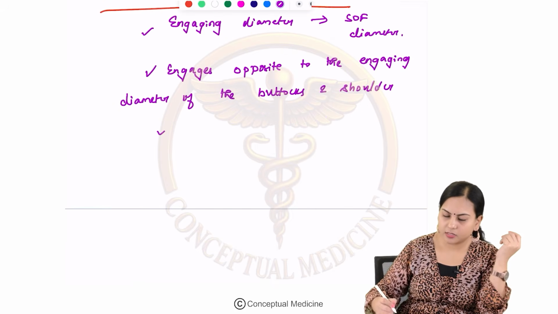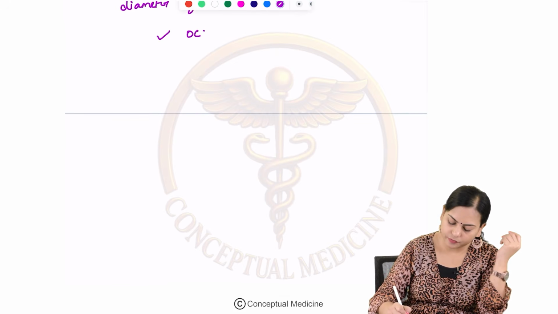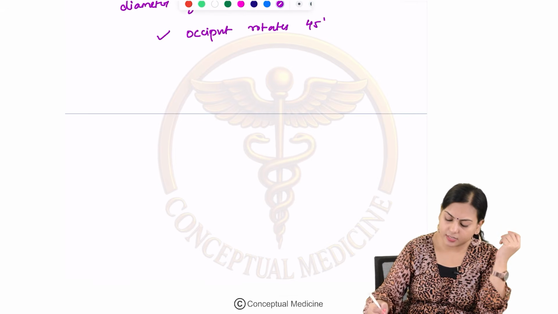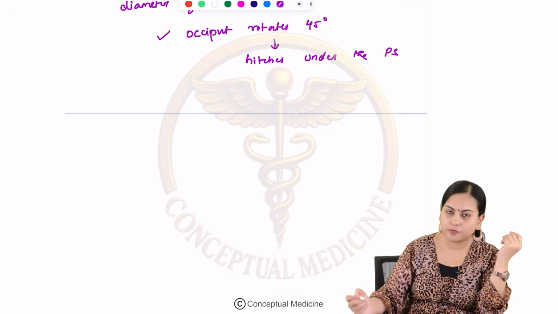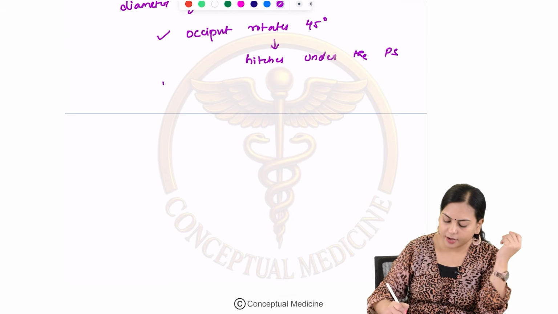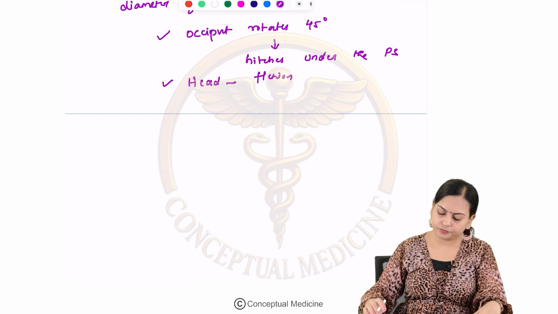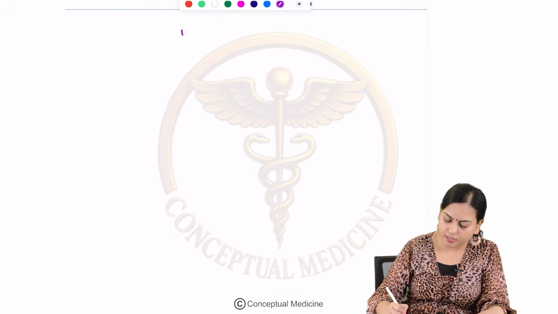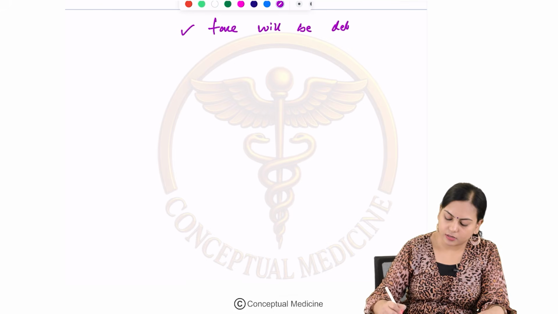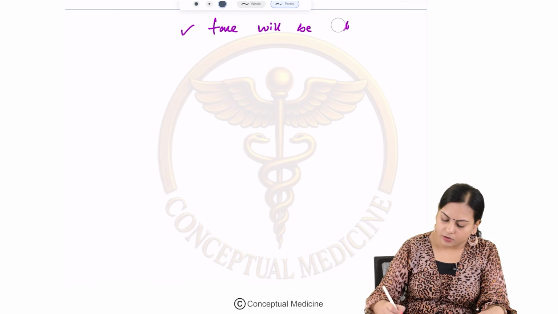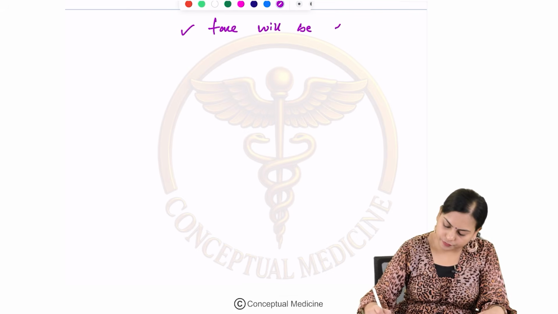So what happens is the occiput rotates 45 degrees and this hitches under the pubic symphysis. After that the head is born by flexion and the face will be followed by the occiput. Clear?